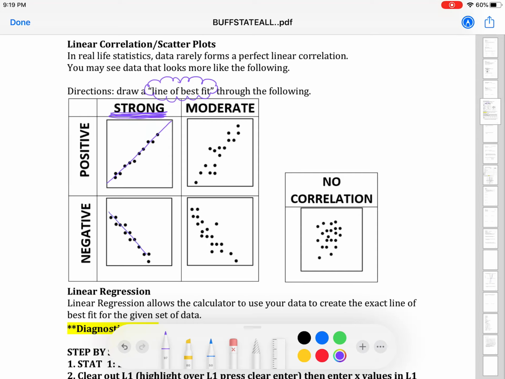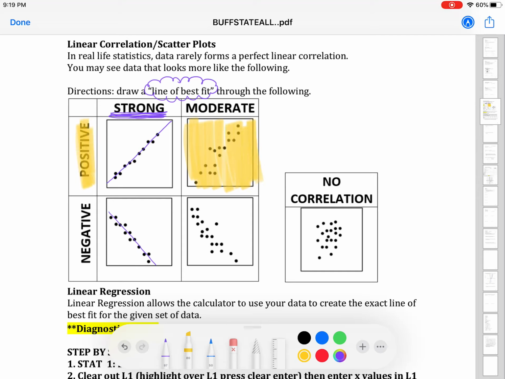But the reason it's strong is the same reason that other one was strong. You can tell this is a linear pattern. If I draw in my line of best fit, it'd be about there. Yours doesn't have to be exactly where mine is. It's just the line of best fit. You're kind of estimating where it would be. But it's very, very close to being a line, just like the last graph that we did. If it's close to being a line, it has a strong correlation.